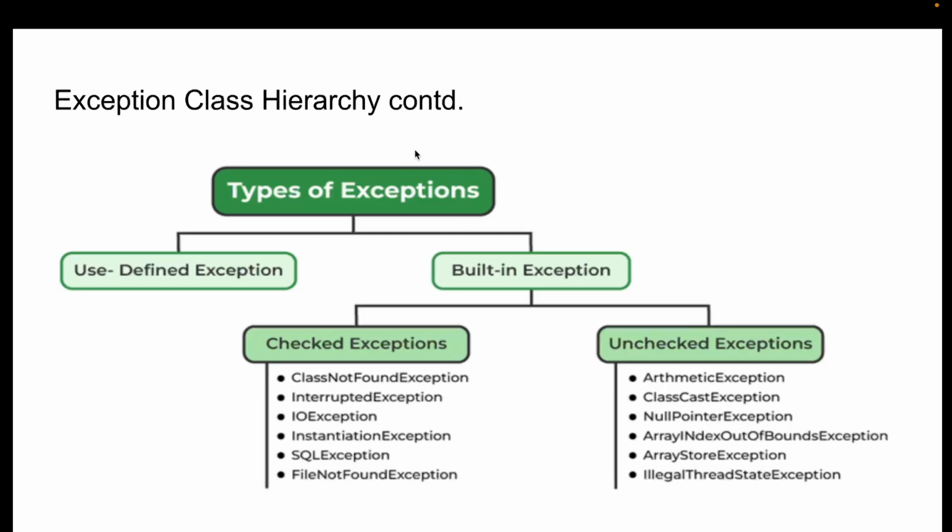And then there are user-defined exceptions. Those are your custom exceptions that you need to write. Some exceptions on your own that can handle some of the scenarios in your project. Those are user-defined exceptions that we'll see at the end of the class, but we'll go through these built-in exceptions first. So checked exceptions and unchecked exceptions.